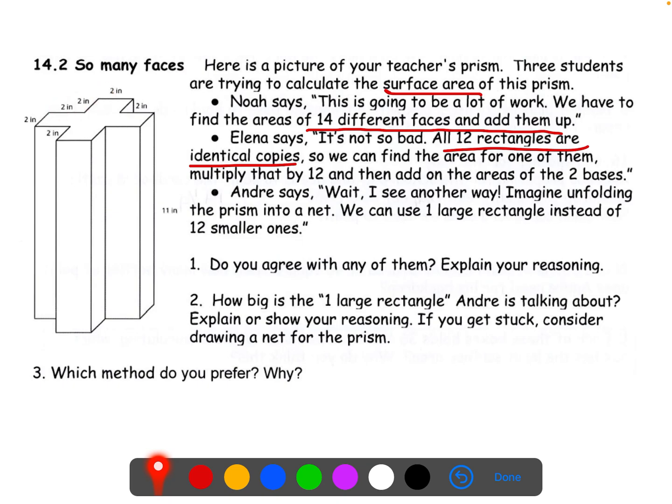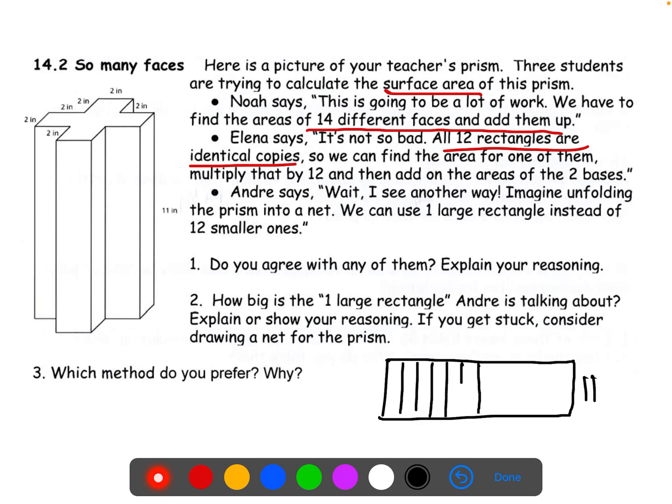It would be a rectangle that would be 11 here, and then there's going to be 12 parts because it's made up of 12 rectangles here, and it would look something like this, with each of these representing 2 inches. So that would give us 24 combined if we added up all these 2-inch sections to this one large rectangle.